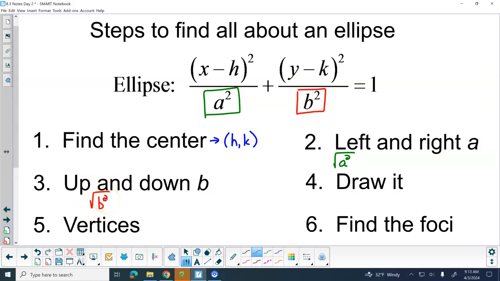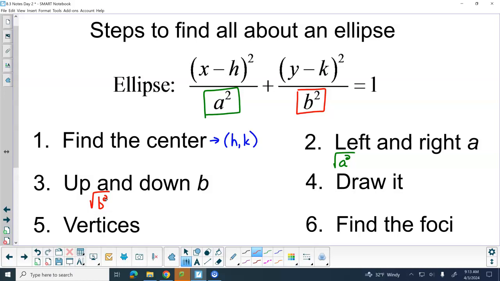Most of the time it's going to be nice. Some of the time it's not going to be so nice. Then we draw it in as best we can. We're not making diamonds. We're actually drawing in a curve.